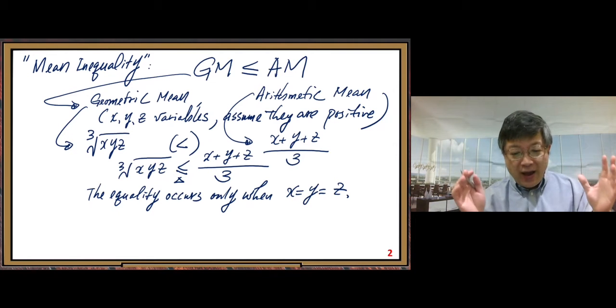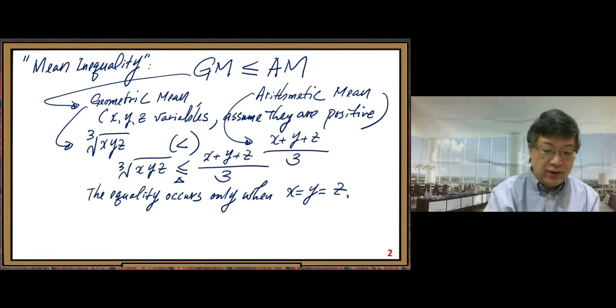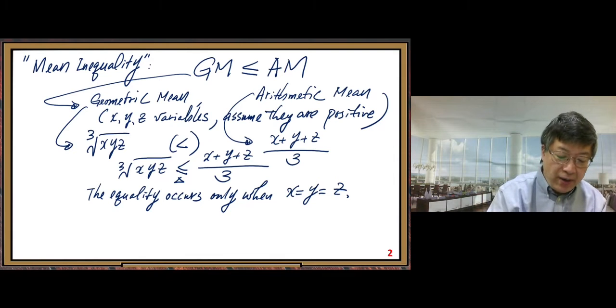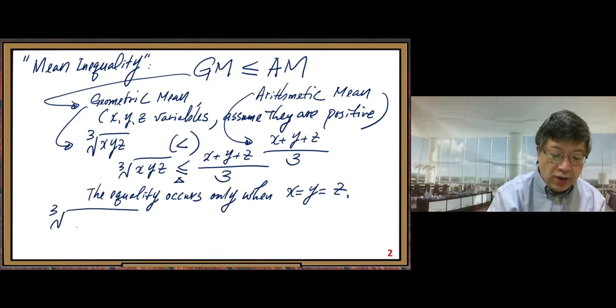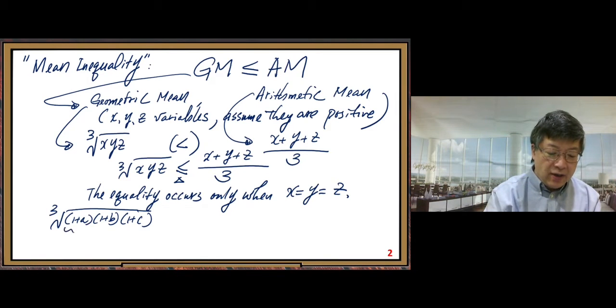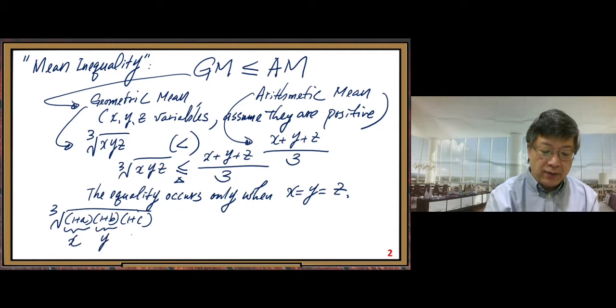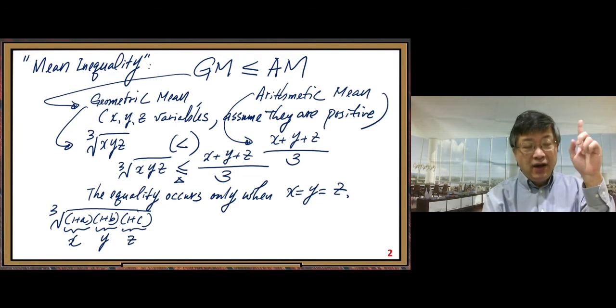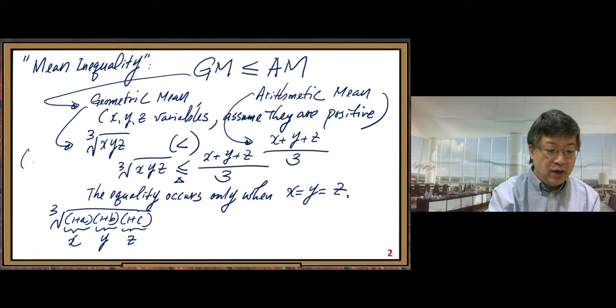All right. Then when we go back to our question, we want to compare, in our situation, cubic root of 1 plus A, 1 plus B, 1 plus C. This time, assume 1 plus A equals X, 1 plus B equals Y, 1 plus C equals Z. Then, remember our condition, ABC distinct.